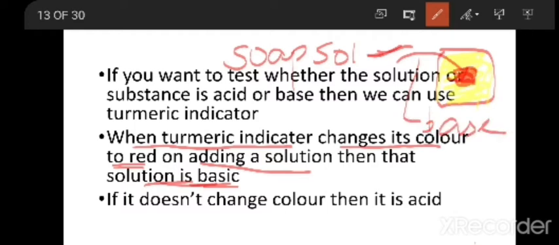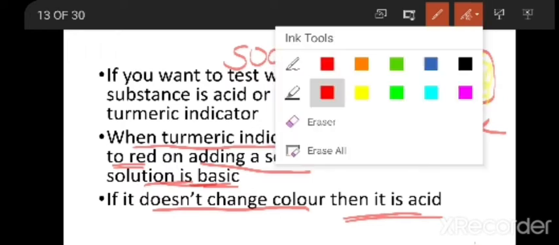Suppose you have added a solution but the turmeric indicator color has not changed. If it does not change color, then it is an acid. Like this, we can test whether it is an acid or base.